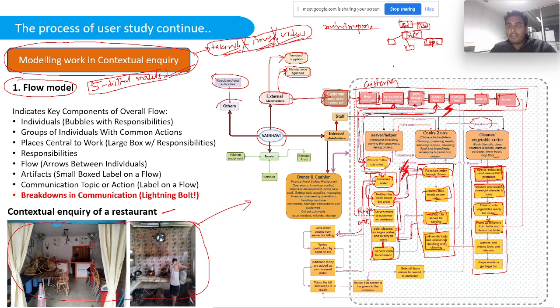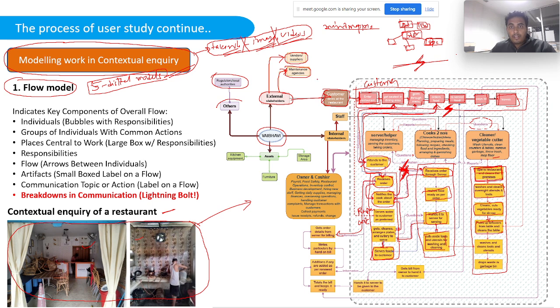When you have an electrical line and there's a breakdown, they represent that using a thunderbolt sign, like a circuit breaker basically. That means there's a communication break. So if food is not served because of a communication break, that means there's a pain point in the system, or there's a requirement of an intervention to solve this particular issue.